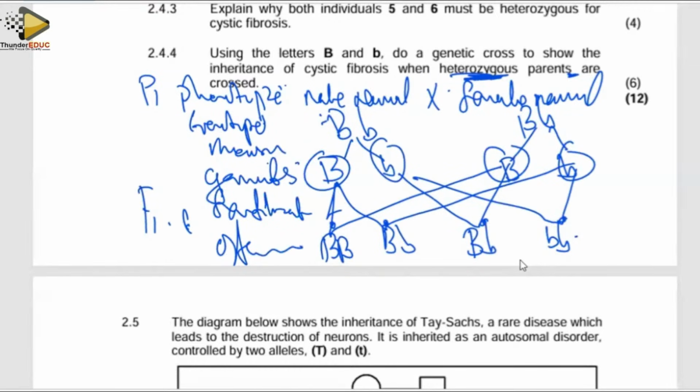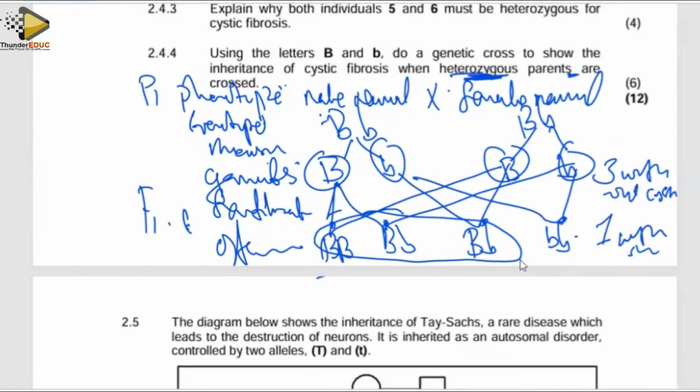Yeah. So what is the question? Use A and B to show the inheritance of cystic fibrosis. So in this case, that is it. I can say that the phenotype, we have 3 people without cystic fibrosis, and then 1 person with cystic fibrosis.